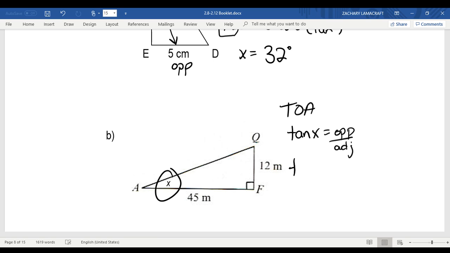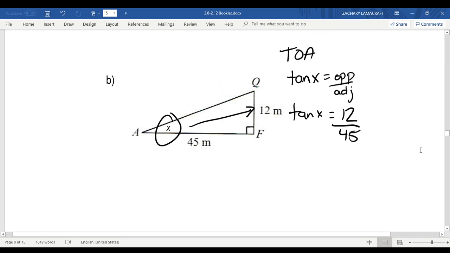What is our opposite side length here? 12, because it's opposite that angle in question. And our adjacent side, 45 meters. So we've got tan x is equal to 12 over 45.